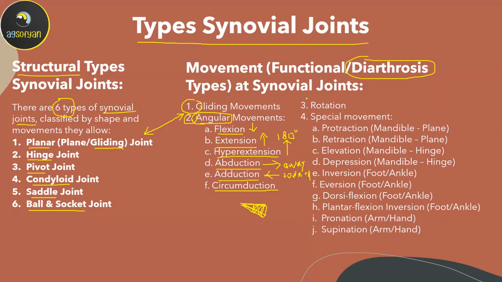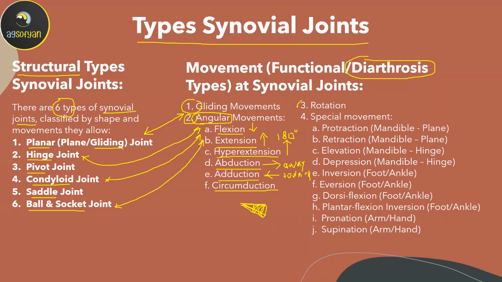For the angular movement, usually hinge joints will give some angular movement. Condyloid joints can also give angular movement, and ball and socket joints will also give angular movement.